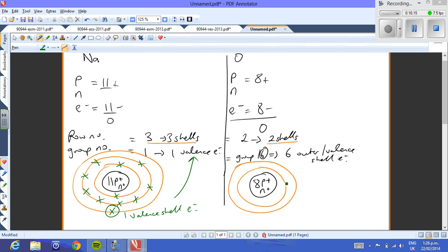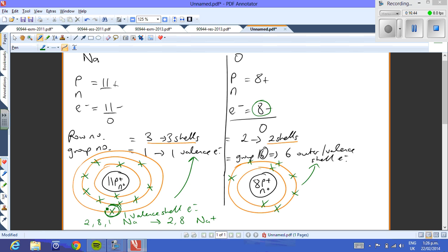The oxygen atom has 8 electrons, 2 in the first, and then 6. 1, 2, 3, 4, 5, and 6, which matches up with the 6 valence shell electrons right there. And this hopefully helps to explain why the electron arrangement for a sodium atom goes from 2, 8, 1 for the sodium atom to 2, 8 for the sodium ion.